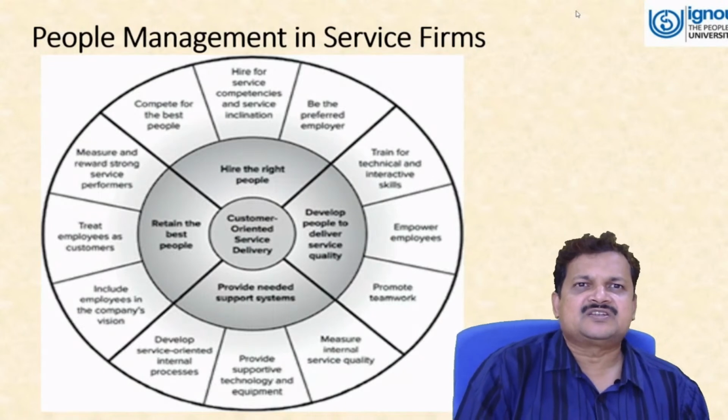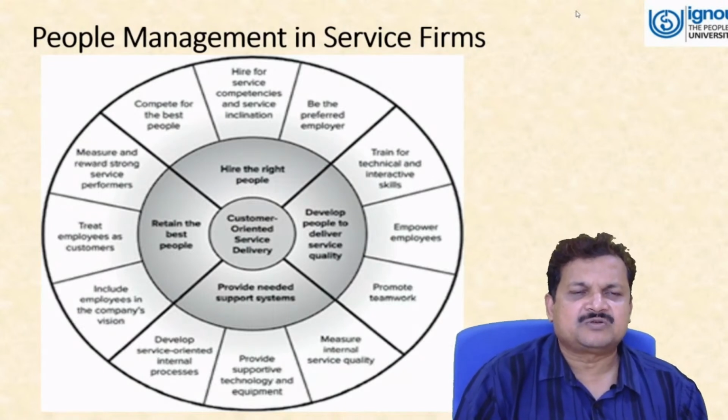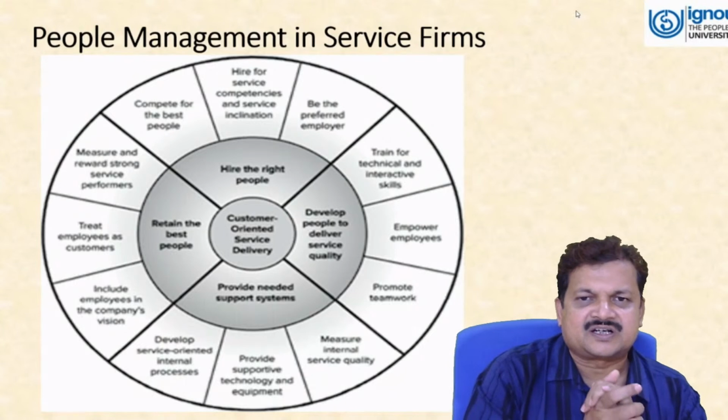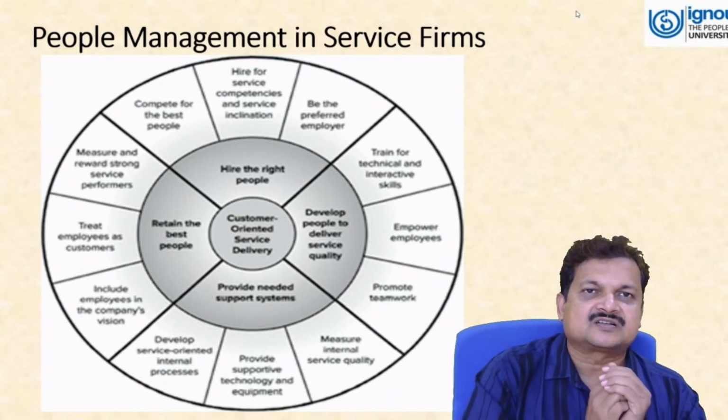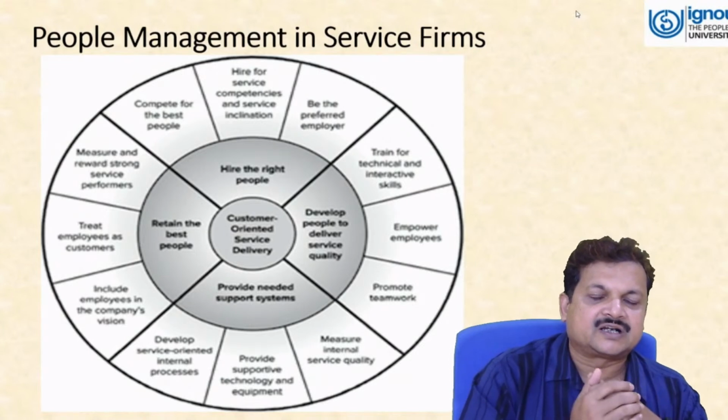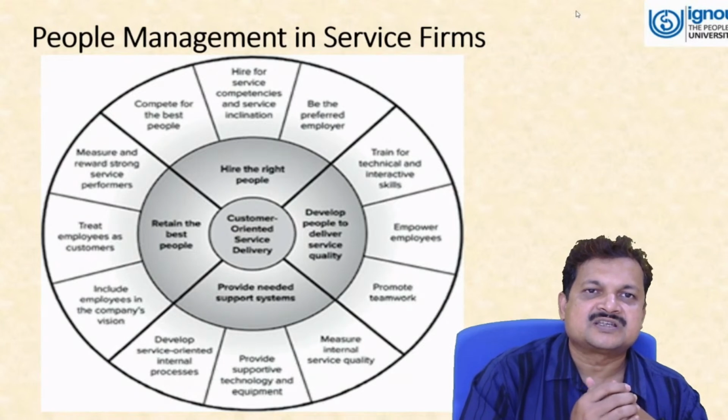Now, people management in the service firm. How are you going to do people management? This circle is going to explain how to give different types of facilities and other things, so that their motivation will be more. Like hire for service competencies and service inclination.